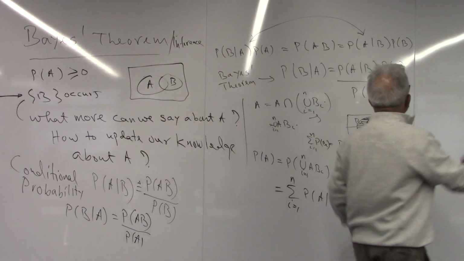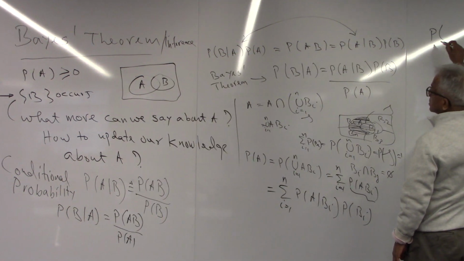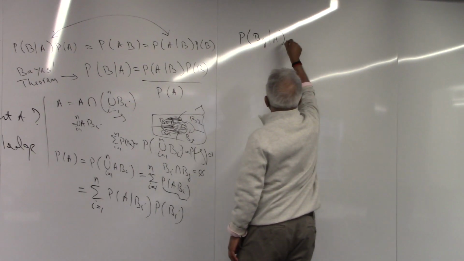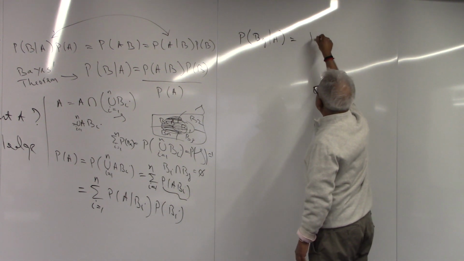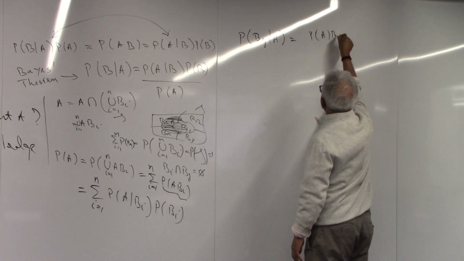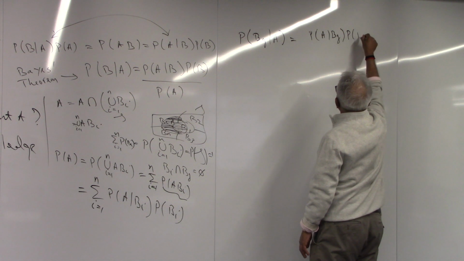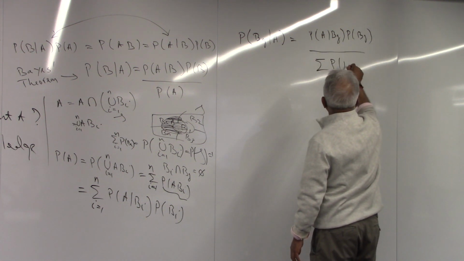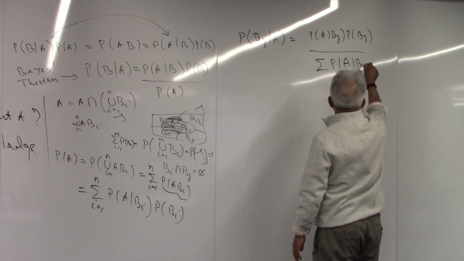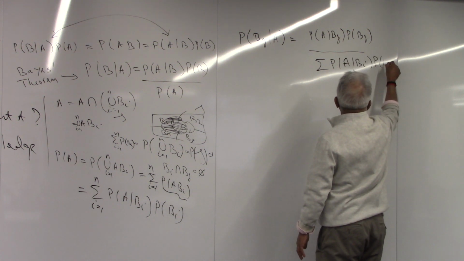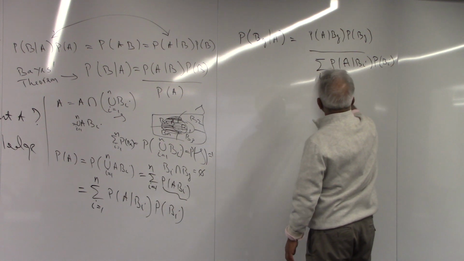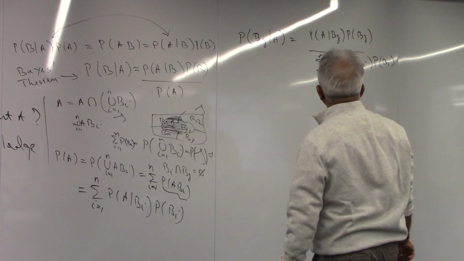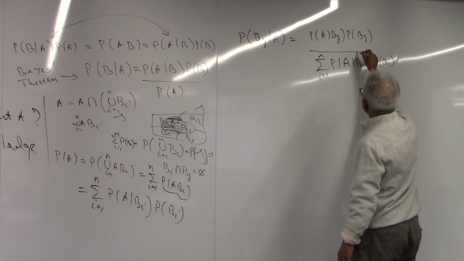If you take this and plug it in here, you can write the probability of Bj given A as the probability of A given Bj multiplied by P(Bj), divided by P(A), but P(A) I'm going to write like this. It's the same thing, but another slightly expanded version of Bayes' theorem.